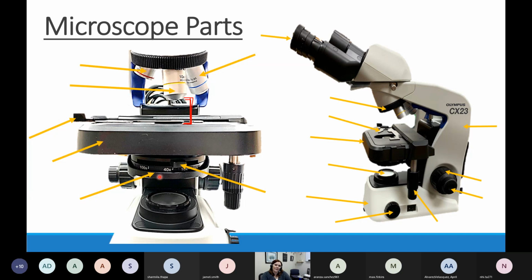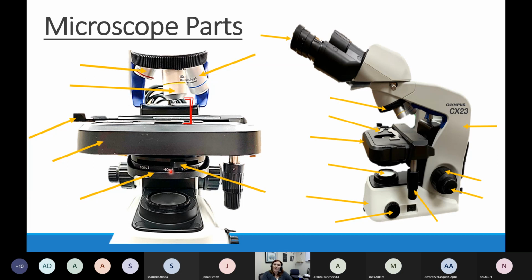The iris diaphragm works just like the iris in your eye. So that's the part, the colored part that gets smaller or bigger, depending on how much light is there. So we can use this iris diaphragm lever to open or close the iris on the microscope. That will help us to determine how much or how little light goes to the microscope.